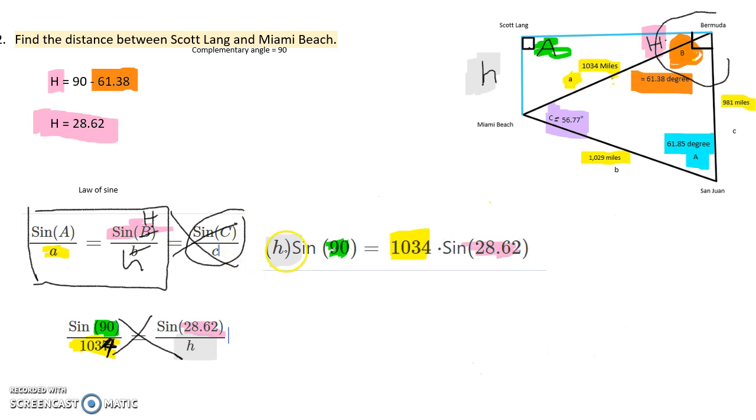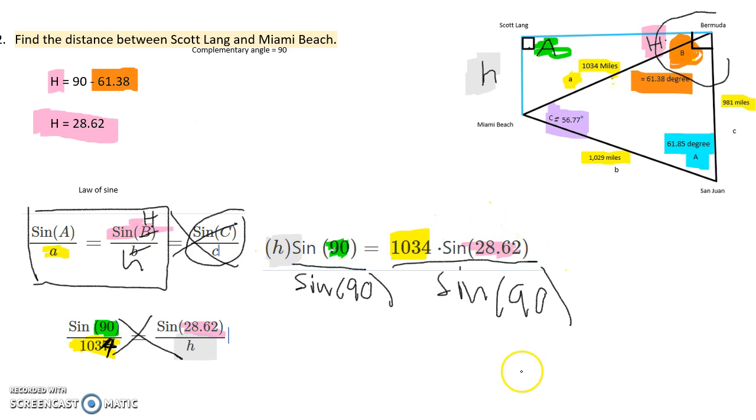And then our next step is to divide both sides by sine of 90. In this case, h will be left alone since this is cancelled out, and then h is equal to 1034 times sine of 28.62 divided by sine of 90.